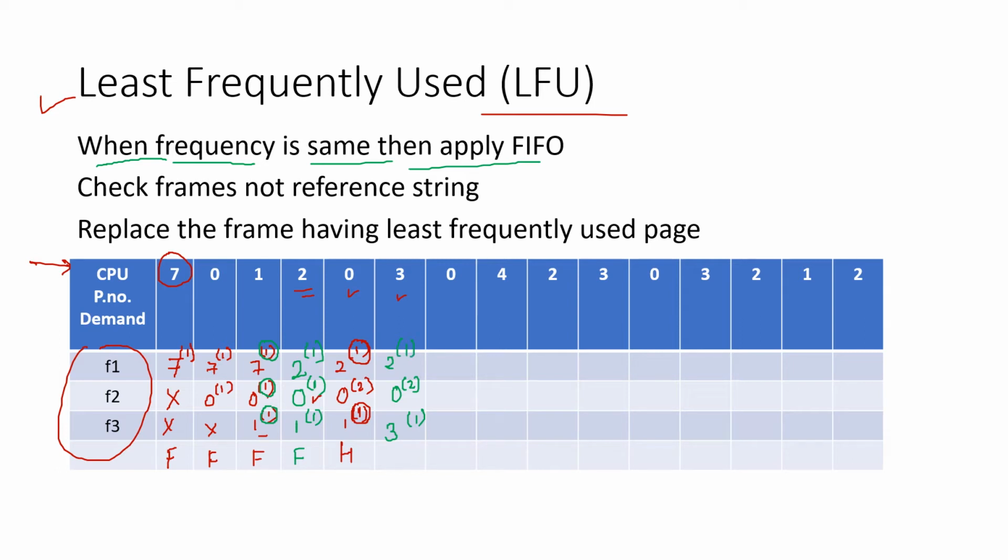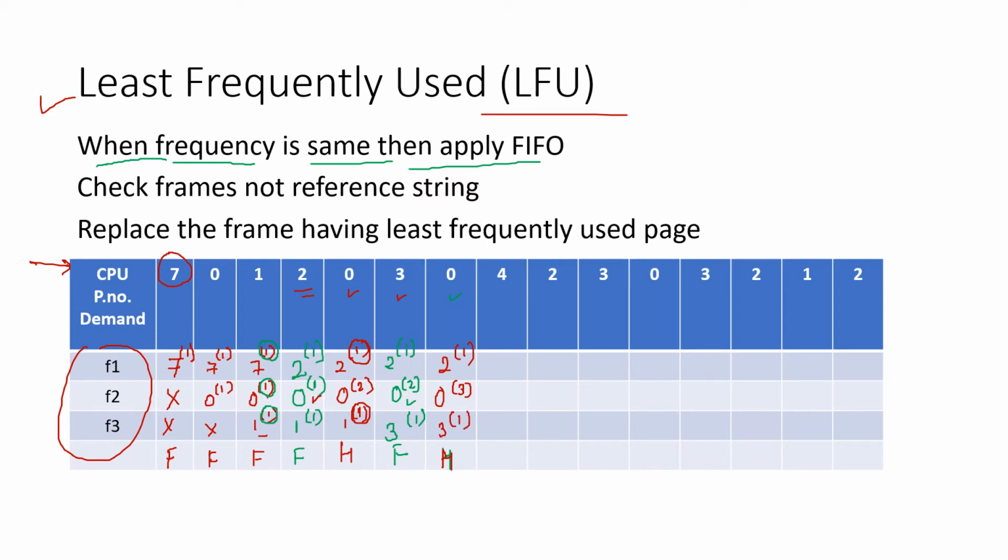Now next is 0. I forgot to write here, it's a fault, right? Next is 0. 0 is already there, so this will be a hit, and only the 0 frequency will increase to 3. This will be 1, this will be 1.